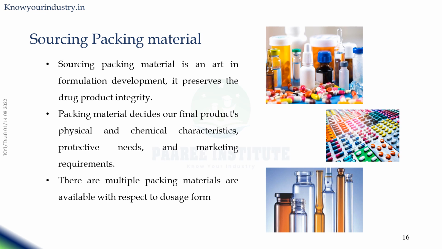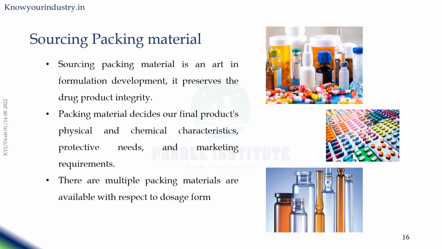So we have discussed in detail the selection of API and excipients. Now coming to the packaging material. In the pharmaceutical industry, we have to give high importance when we select the sourcing of packaging material, particularly the primary.